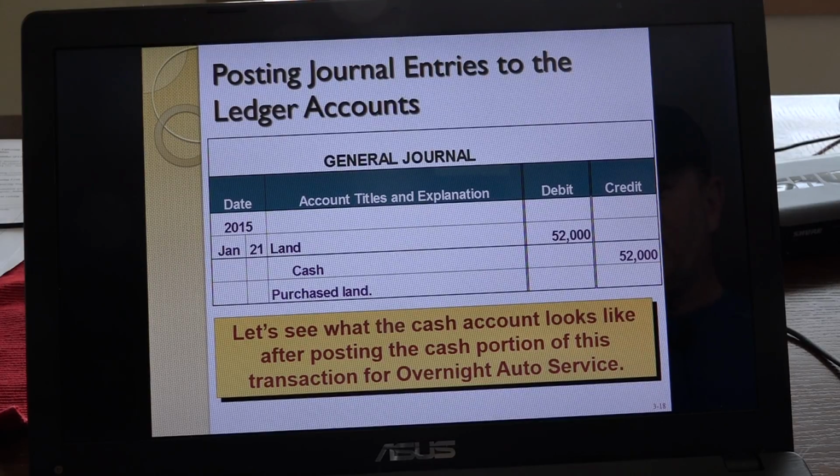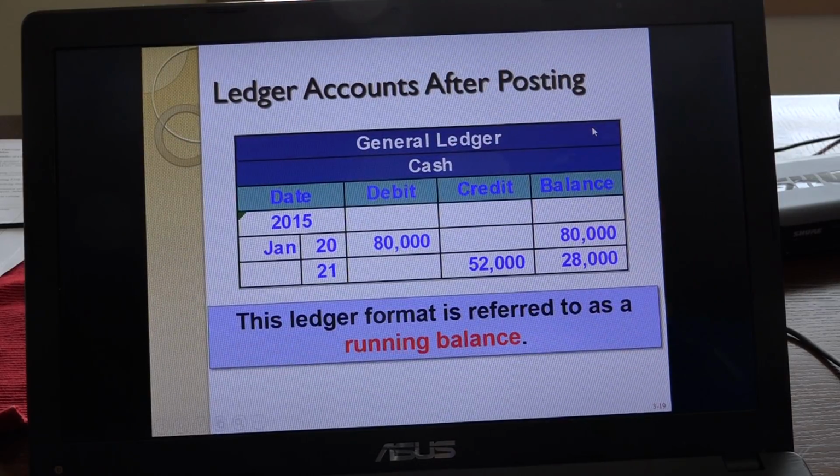And of course, here we have the land purchase, which increases land by 52, but reduces cash. And so at the end of that transaction, this is what your general ledger cash account looks like. There's a balance of $28,000.